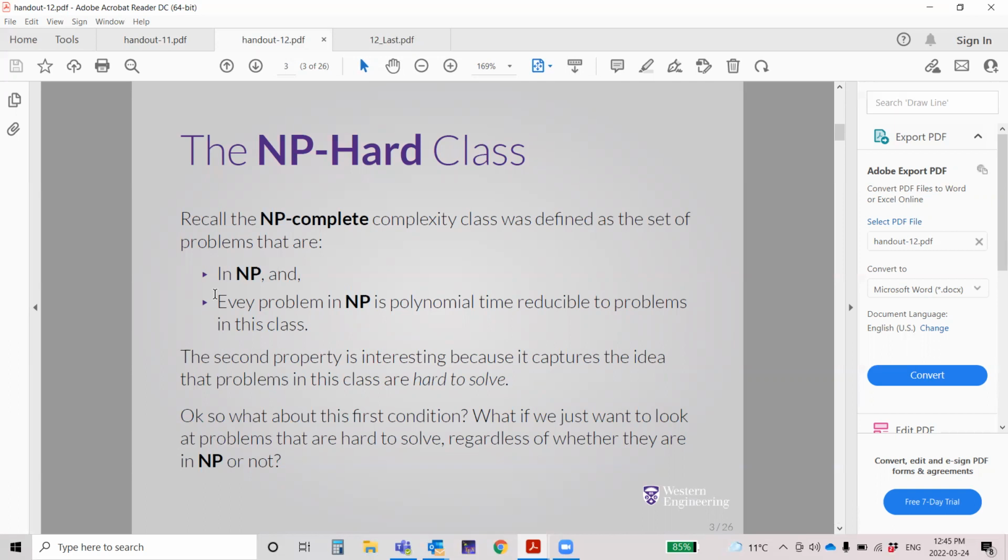Let's take an example to make it understandable. If you have a very hard game, very tough game, and there is a stage that you cannot pass.